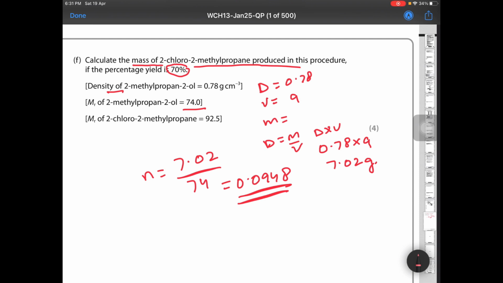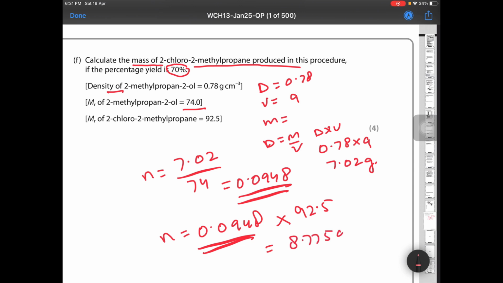Now you are going to look at the ratio. You got the moles of alcohol, the ratio is 1:1, so that means the moles of your 2-chloro-2-methylpropane is 0.0948. You times the Mr of the halogenoalkane, which is 92.5, you will get 8.775 grams.